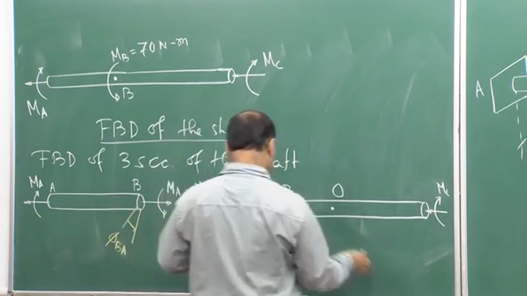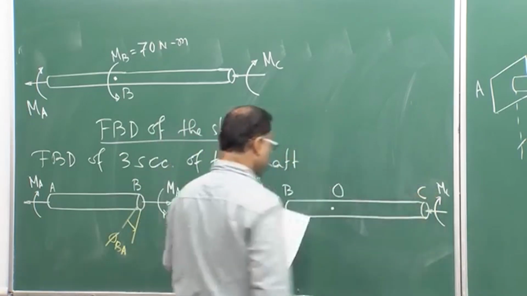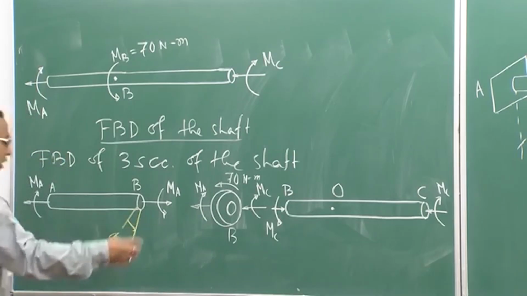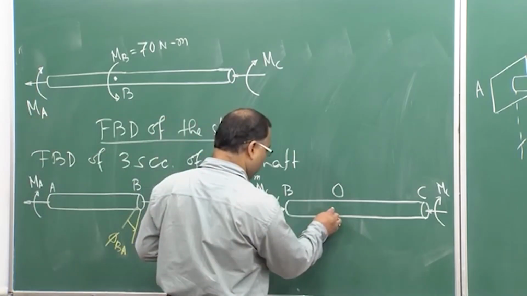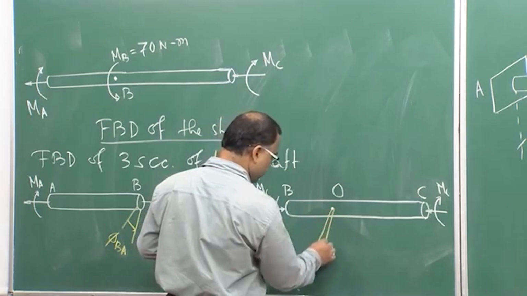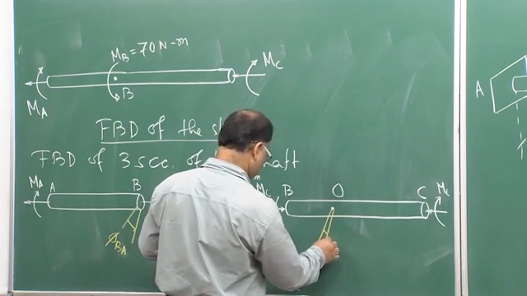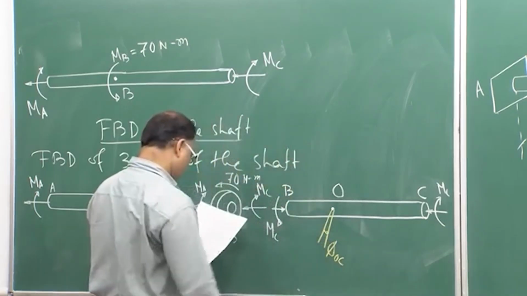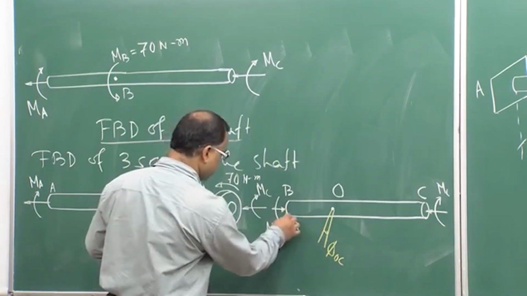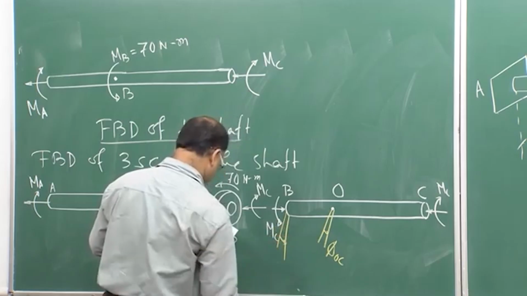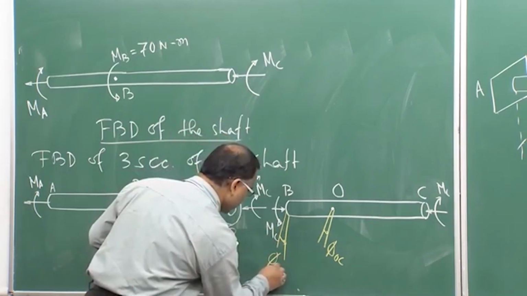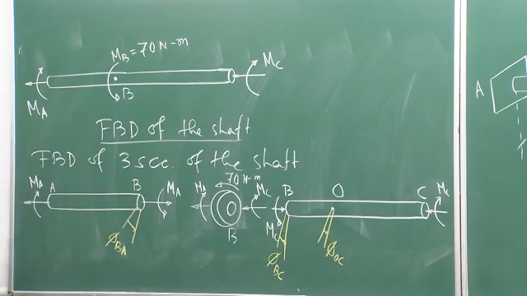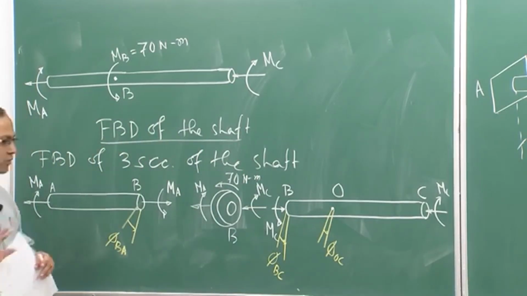This is B, this is C, okay, and you are getting the twist over the whole length at O. This is the twist, say phi OC. And this is the twist you are getting at this end, say that is phi BC. Okay, absolutely fine.